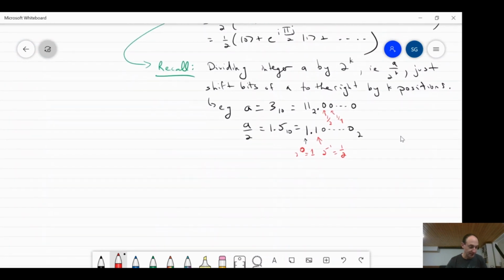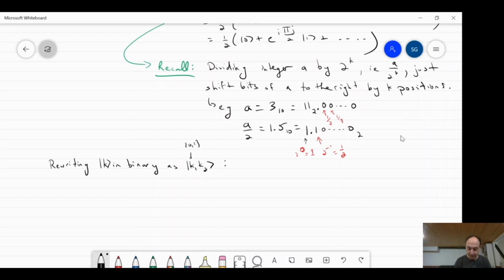So let's see what this buys us. Let's rewrite k in binary as k1 k2, so these are the bits of k, each of which is, of course, 0 or 1.